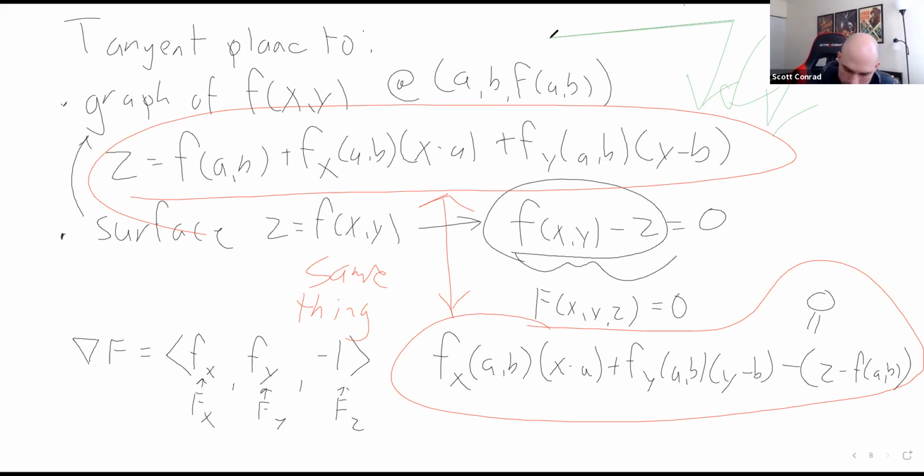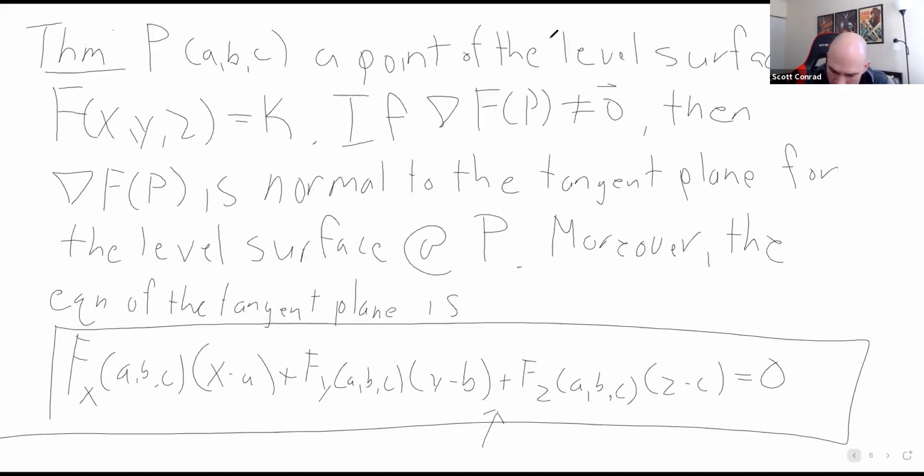For the other one, or sorry, for this equation here, that works for anything, but you need to write it as the level surface of a function of three variables, right? So you need to get everything on one side. And then that everything on one side is going to be the function of three variables.